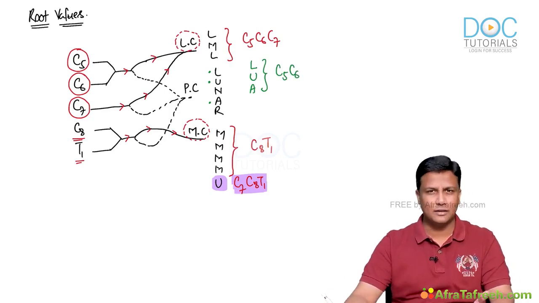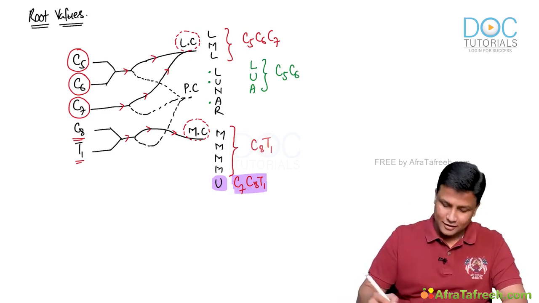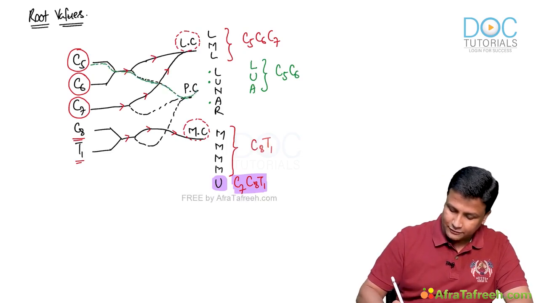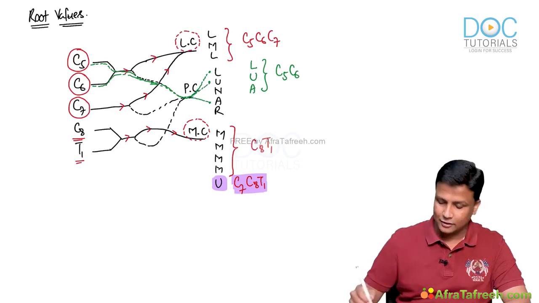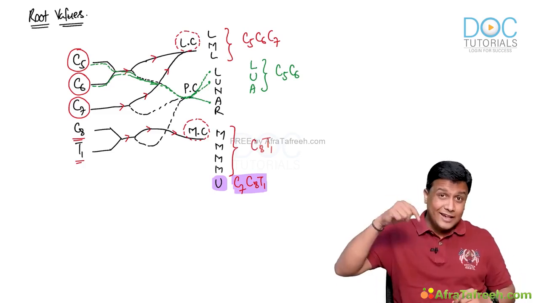Sir, what does that mean? It means that it is not like external, guys, it is actually internal. Internally, what is happening? Only the nerve fibers which are coming from C5 and only the fibers which are coming from C6 are the ones contributing to lower subscapular, upper subscapular and axillary. Hope you are getting me. So it's not external, it is actually internal.